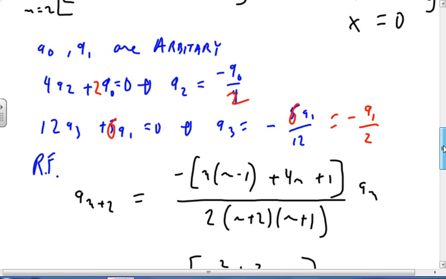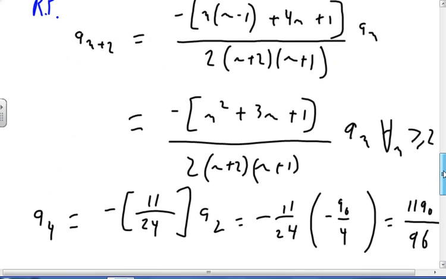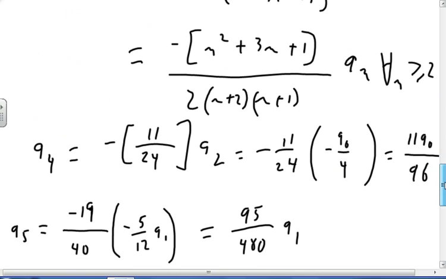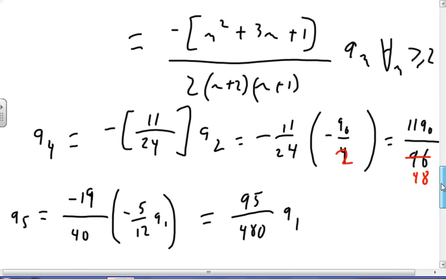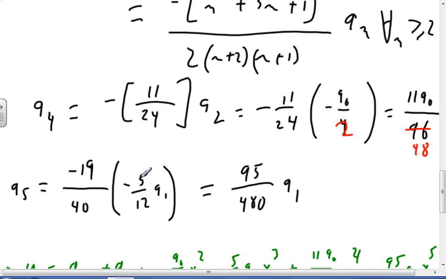Recurrence formula. This is going to be A0 over 2, so this is going to be 11 over 48. This is going to be A1 over 2, so that's going to be 19 over 40.